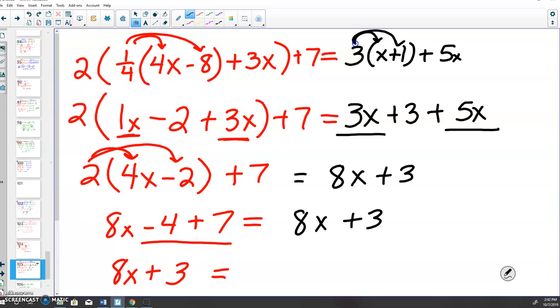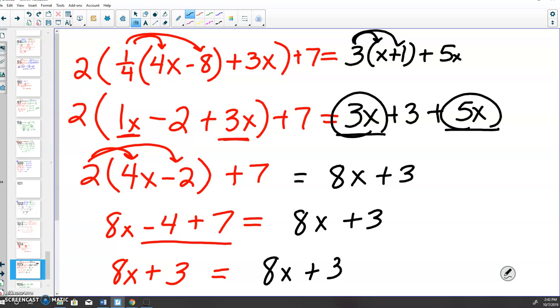Like terms mean any numbers that have the same letter. So like 3x has an x, 5x has an x, so they're like terms. Right here, negative 4 and 7, they're just plain numbers with no letters, right? So they're like terms. So like terms means either they have the same letter or they have no letter at all.